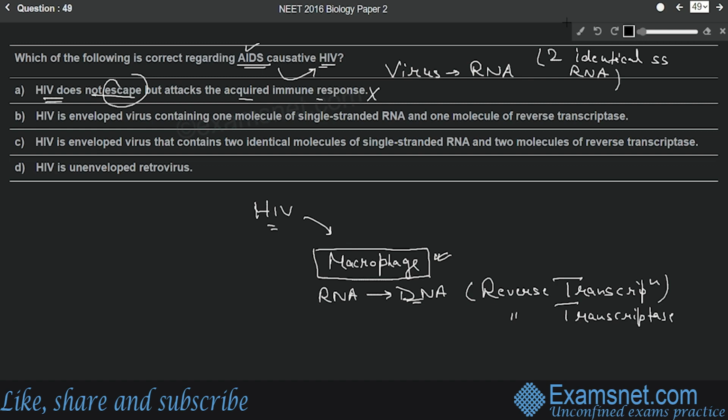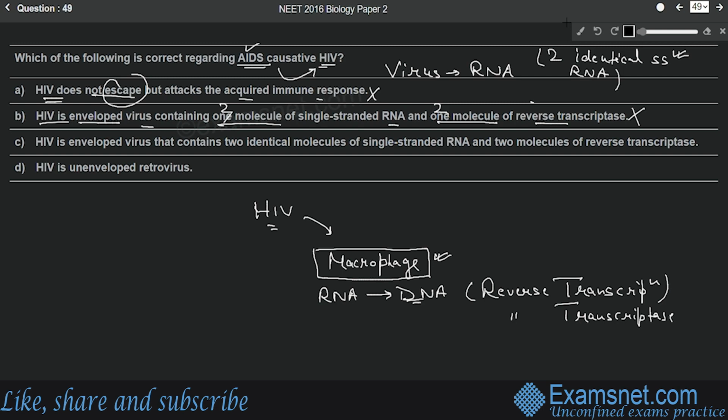Now the second statement says HIV is enveloped virus containing one molecule of single stranded RNA and one molecule of reverse transcriptase. Now this is incorrect, because we have seen that it contains two identical single stranded RNA molecules, not one. Also it will contain two molecules of reverse transcriptase enzyme.